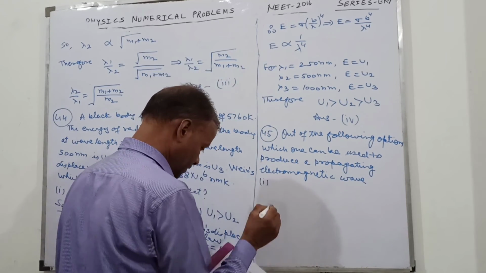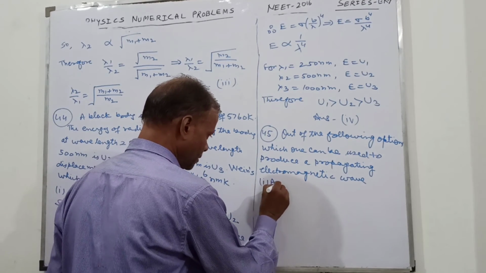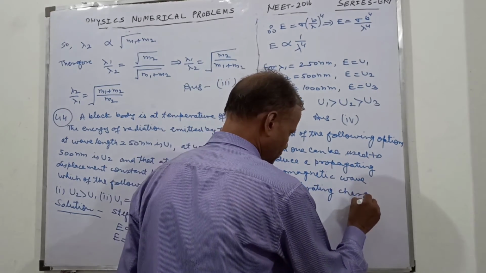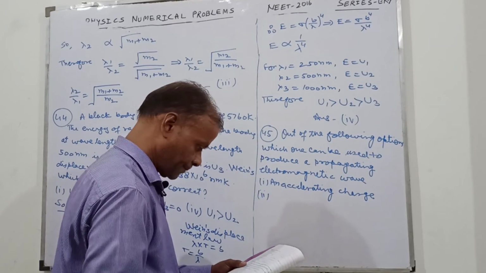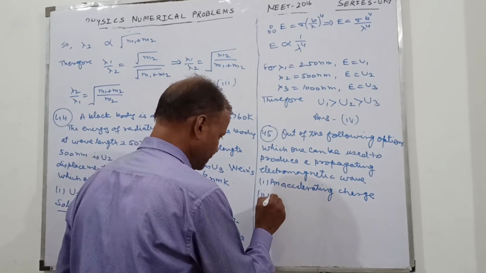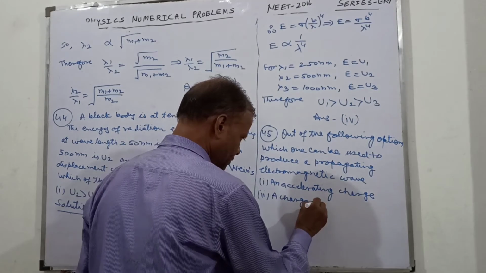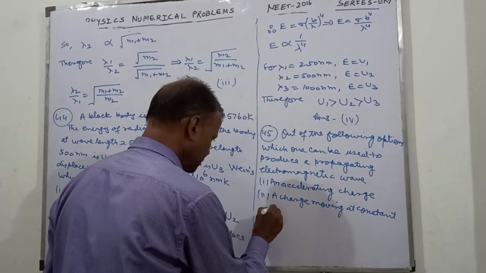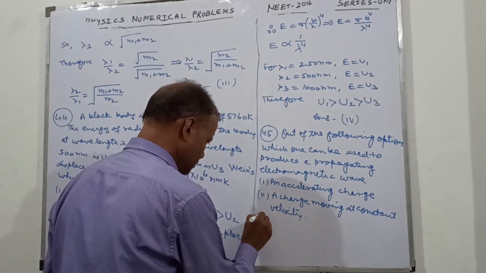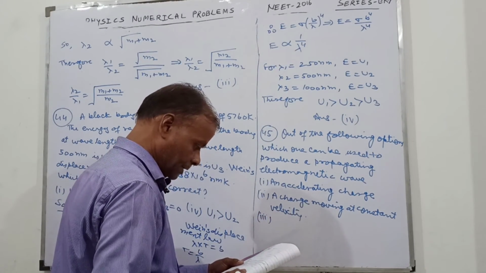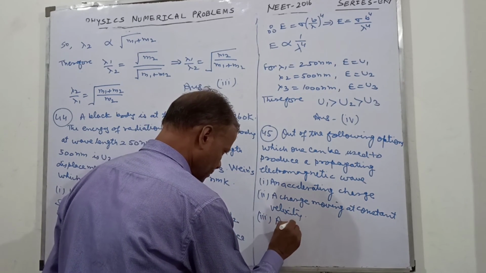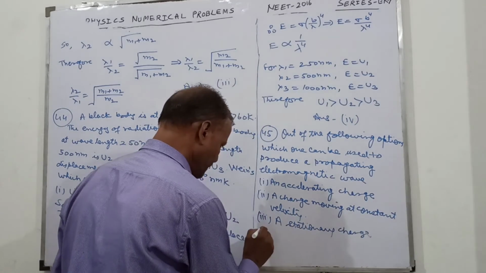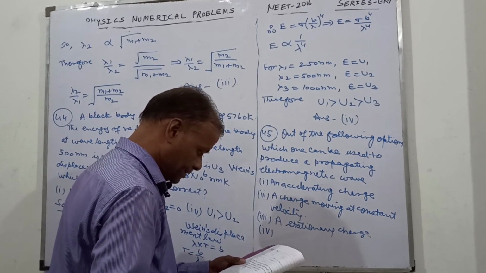Now the first option is an accelerating charge, second is a charge moving at constant velocity, third, a stationary charge, and fourth option is a chargeless particle.